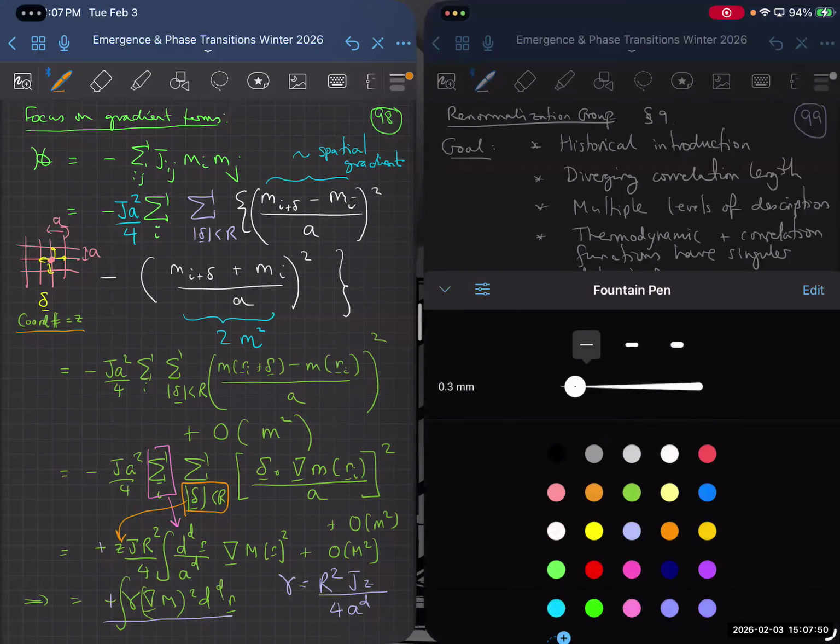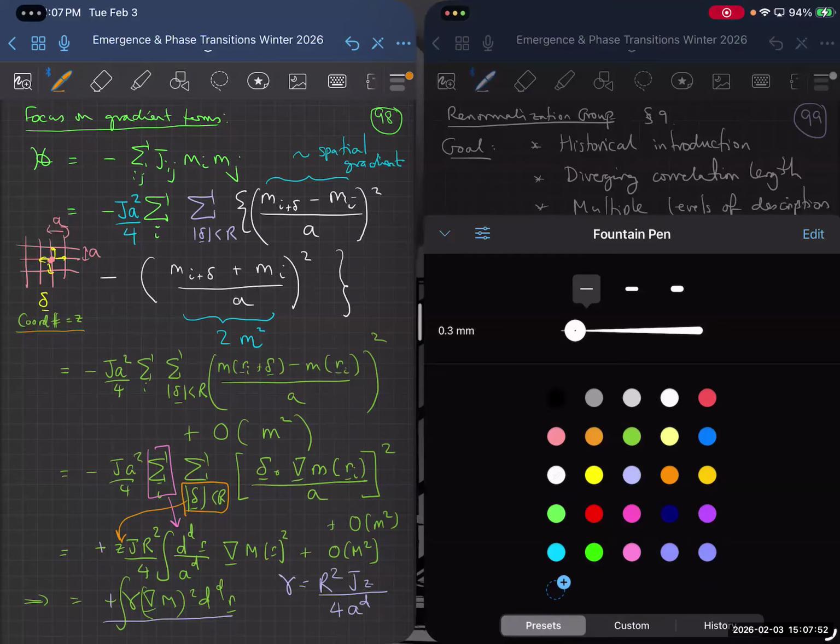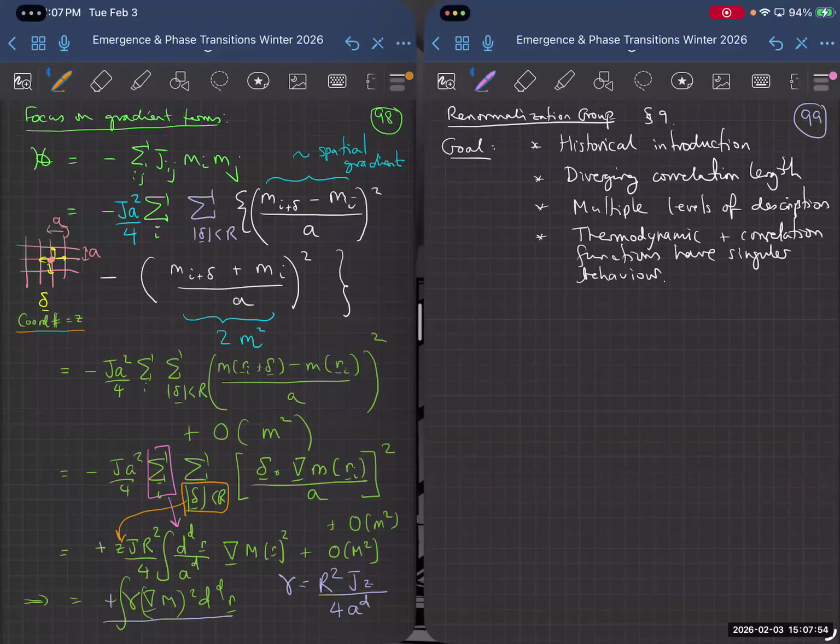And so what is the goal of this calculation? We're not going to initially compute everything. What we want to be able to show is, where do the singularities come from? Why are the critical exponents related to each other?